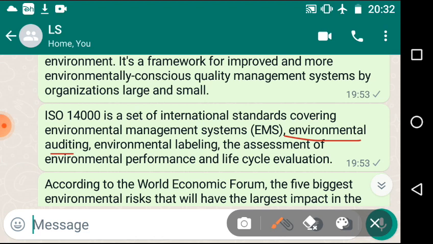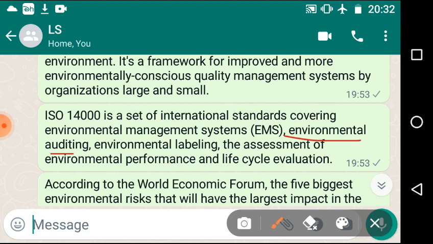So what are the standards laid by ISO 14000 based on which we will measure them, evaluate them, collect the data and information, and then evaluate that result. That is what is called environmental auditing.